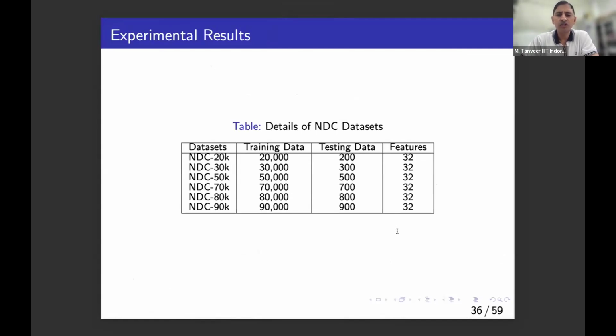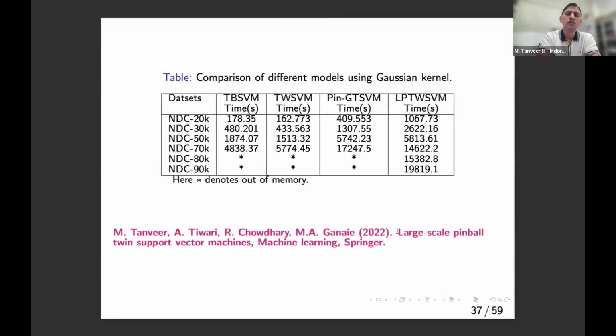Here we have considered NDC datasets with sizes from 20,000 to 90,000, with 32 features for all. From this table, we implemented these 4 algorithms on the same machine with the same configuration.